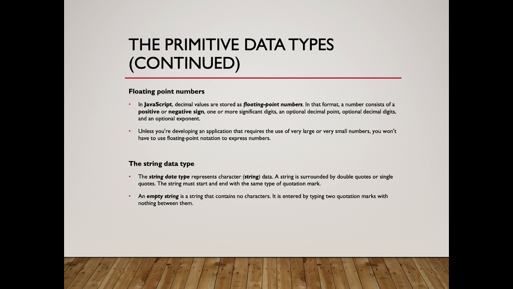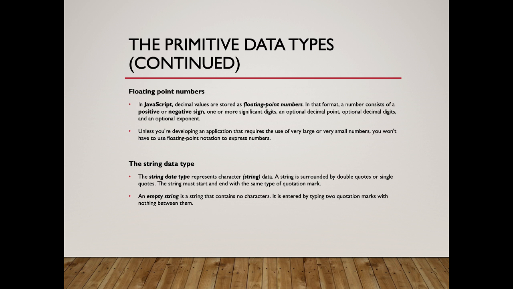Usually you have some sort of representation of what that number represents. So unless you're developing an application that requires the use of very large or very tiny numbers, you won't have to use floating point numbers to express them. Chances are we're not going to cover that in this class. Once you have too many digits, it starts to get unreadable. But we're not going to be working with that.